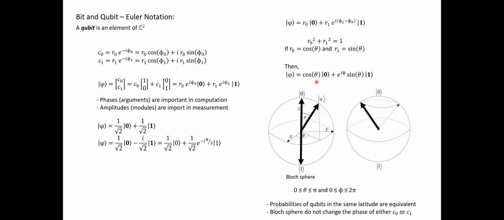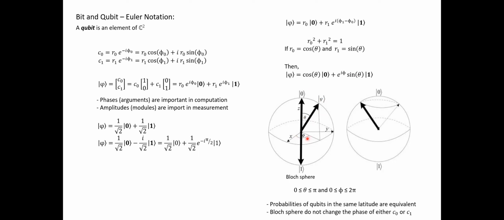So if we see the notation, we only have 2 parameters, which is theta and phi. And there is a visualization tool, which is called Bloch sphere. So we can visualize the state of a qubit in that way with theta and phi.